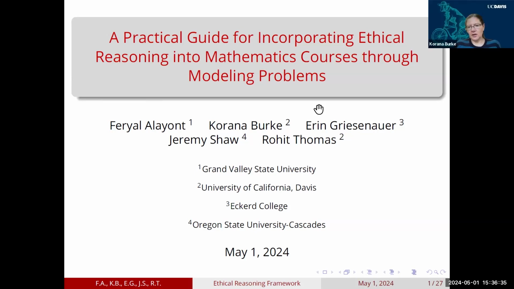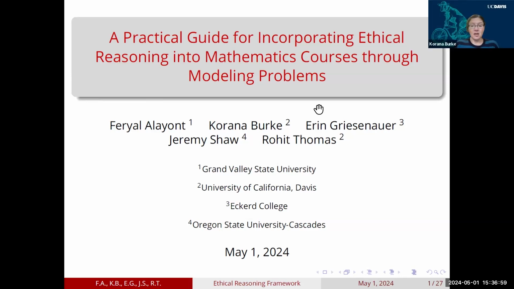I'm Korana Burke. I'm at UC Davis. We are a giant institution, about 40,000 students. And as such, I tend to teach classes that are way, way, way bigger than Feryâl's. When I consider my class to be a small class, it's usually about 90-something students, but most of my classes are usually on the order of 200, 300, or 400 students.